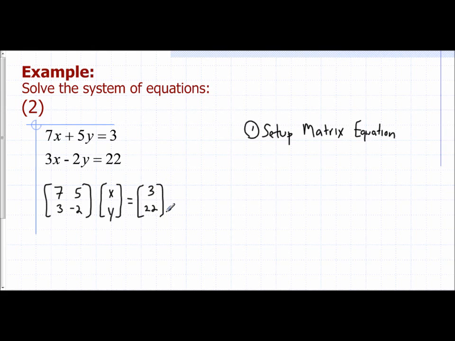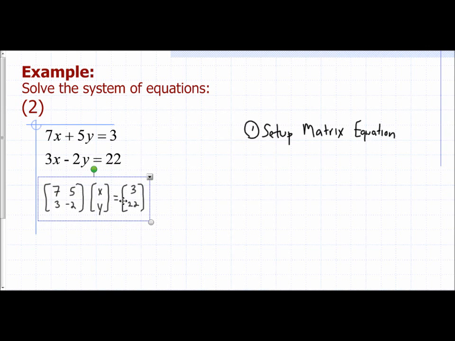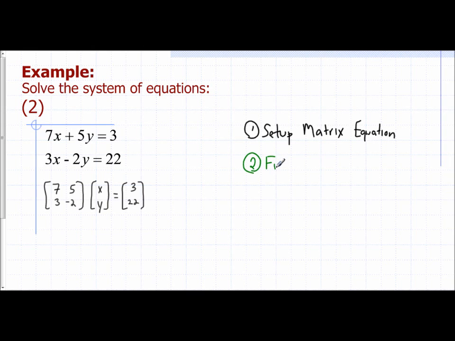So in this example, we had to create our matrix equation, coefficient matrix, variable matrix, and solution matrix. And then we have to remember to solve, you have to multiply both sides by the inverse. And so the next step would be to find the inverse.